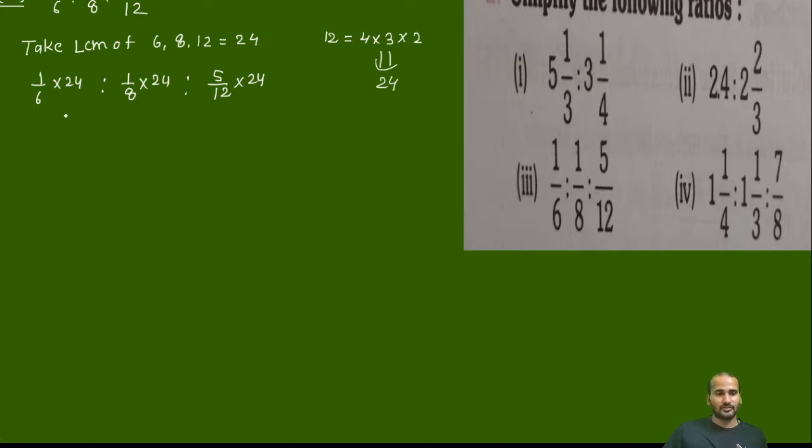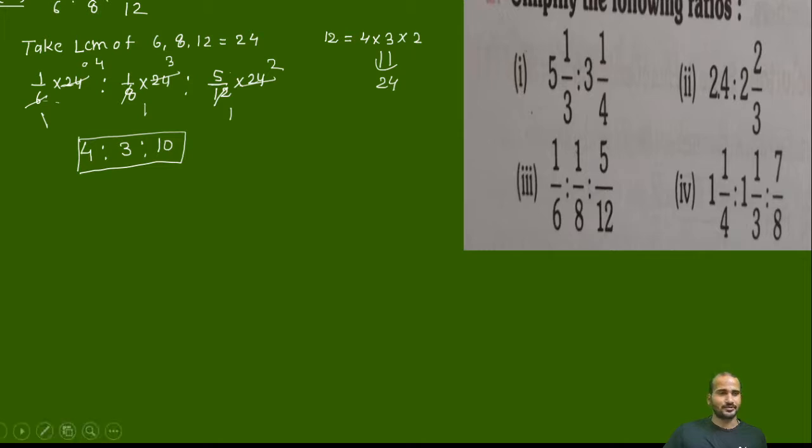If I multiply 24 only in 1 by 6 then it will change, but here I'm multiplying in both terms. So this will be 6 1s are 6, 6 4s are 24, 8 1s are 8, 8 3s are 24, 12 1s are 12, 12 2s are 24. So you will get 4 ratio 3 ratio and 5 2s are 10, and this will be your answer.